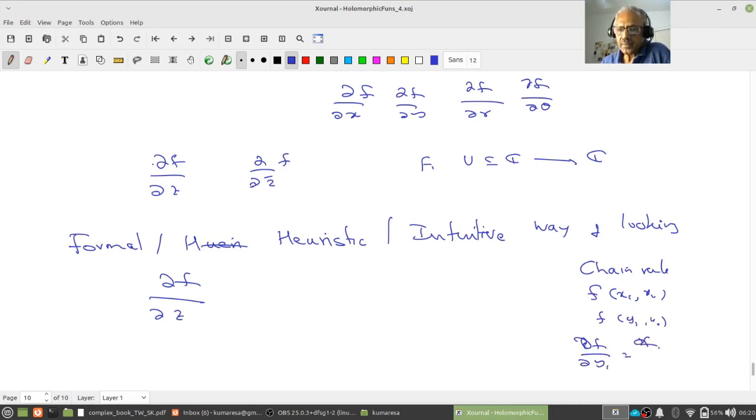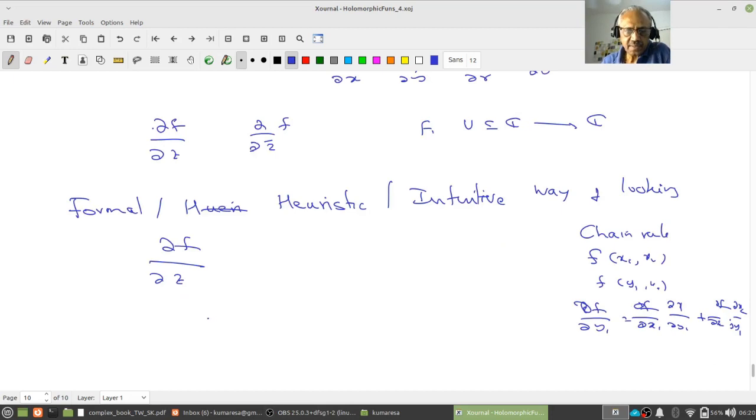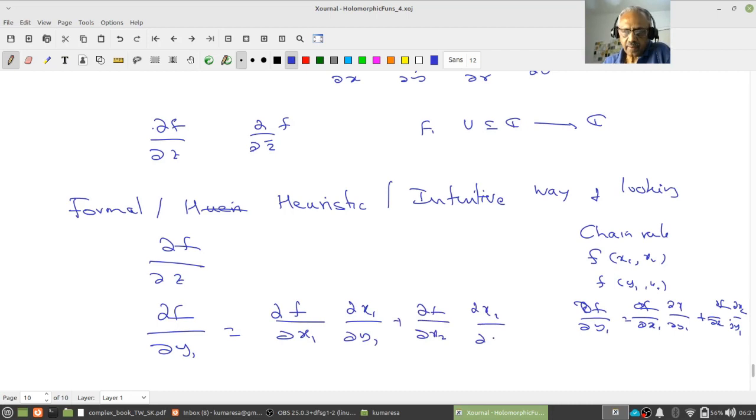I will write it as del f by del x1 into del x1 by del y1 plus del f by del x2 into del x2 by del y1. This is your chain rule.